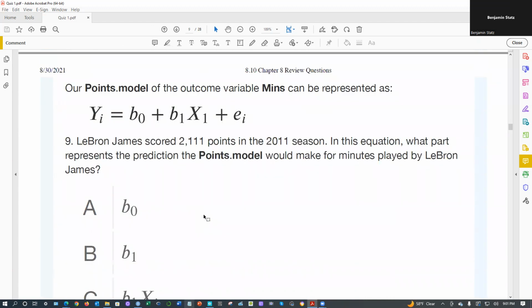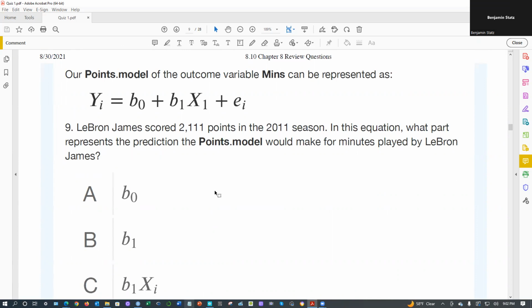Our points model of the outcome variable minutes can be represented this way, right? LeBron James scored 2,111 points in the 2011 season. In this equation, what part represents the prediction the points model would make for minutes played by LeBron James?